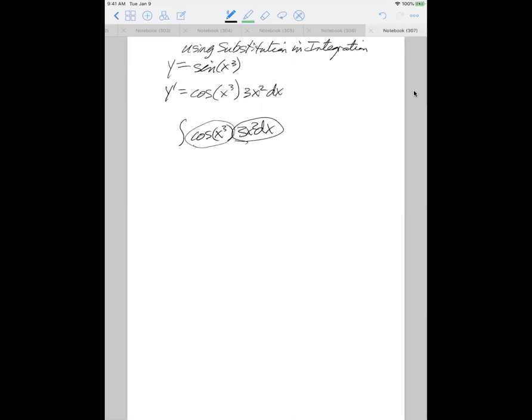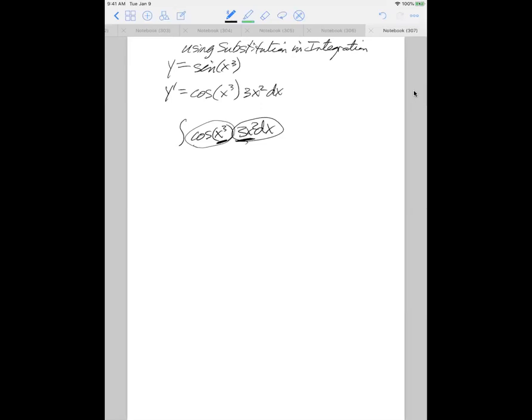So if I can remember what the chain rule is, you've got to take the derivative of part of the function. If you can recognize that there's one piece of the function and there's a derivative of that piece, or a constant multiple of the derivative, then that's something to be looking at.